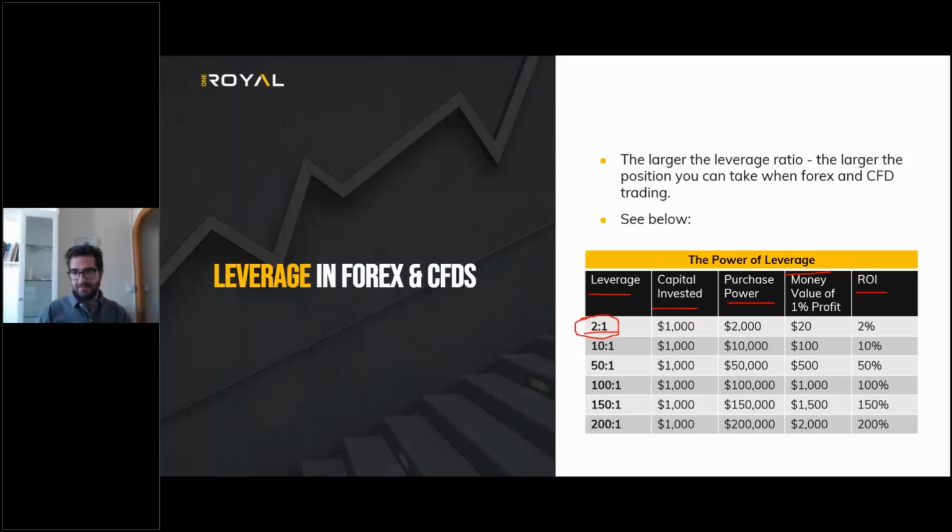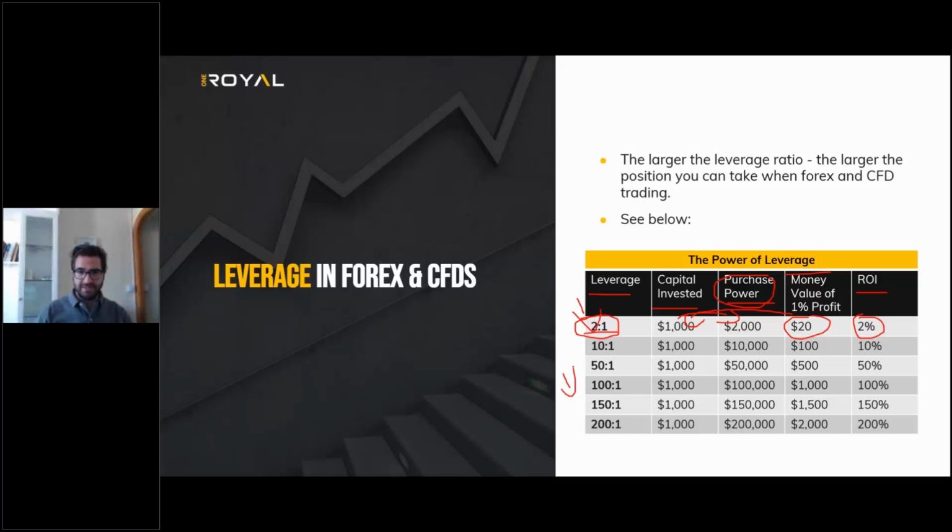So 2 to 1 means 2 times the capital invested, so we have a purchasing power of $2,000. If we make 1% profit each time on this purchasing power, this is $20. And $20 divided by the capital invested is 2%. This is the return on investment. So you're making 2% on your capital invested if you use a leverage of 2 to 1.